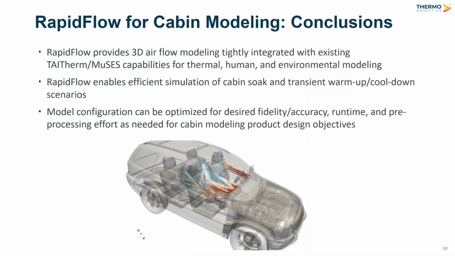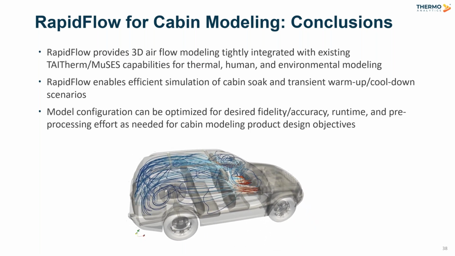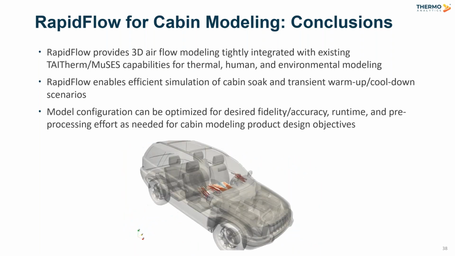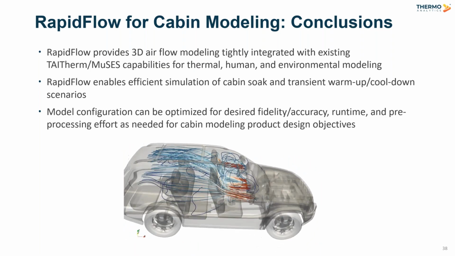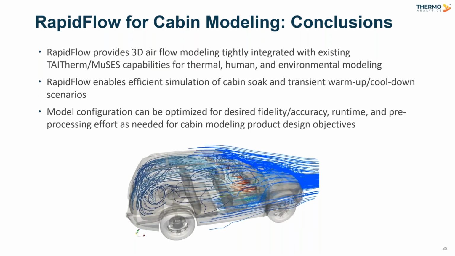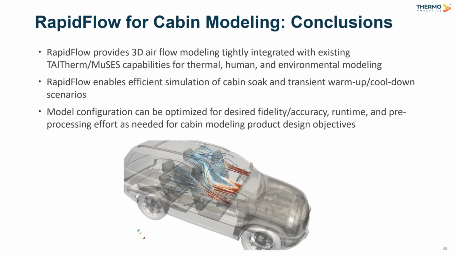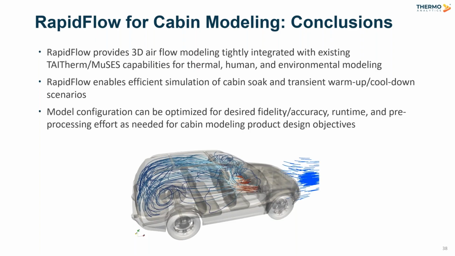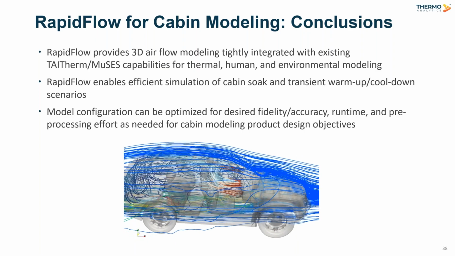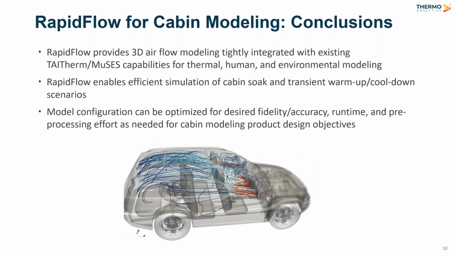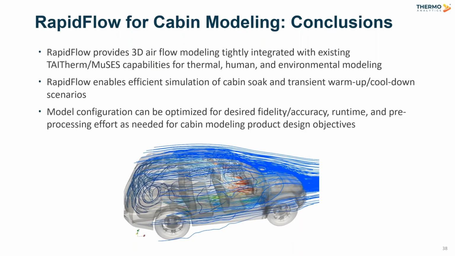Can RapidFlow also be used for external flow around vehicles? Yeah, good question. Focus, of course, here was for cabin. This animation here right at the end, we are showing a simple example of using RapidFlow for both the internal and external flow. You can use RapidFlow for two different domains within one model right now, where one is defined by a fluid part and one is defined by an external airflow configuration.